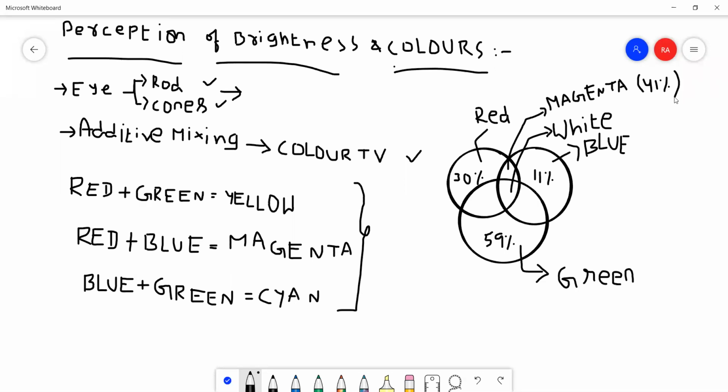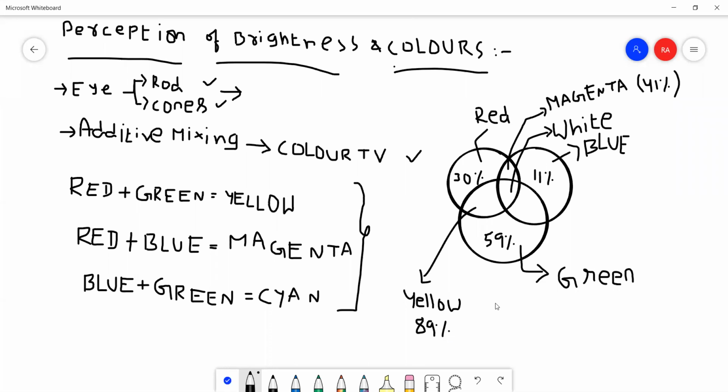So magenta equals 41. So red and green, they will form yellow. So yellow will form 89%.